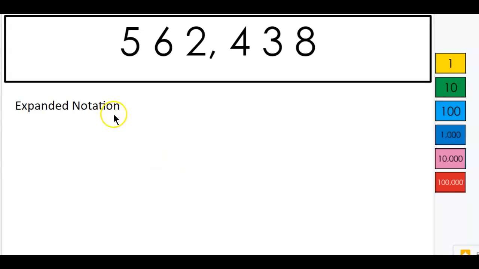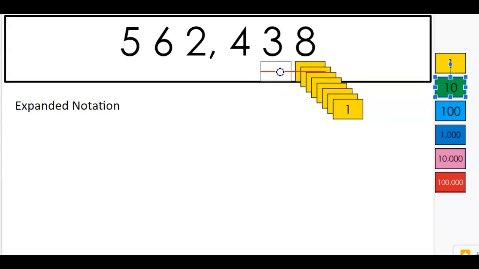Let's try one more example. 562,438. All right. We've got 8 ones. 1, 2, 3, 4, 5, 6, 7, 8. I have 3 tens. 1, 2, 3.